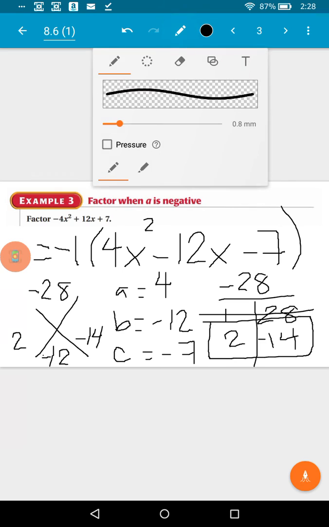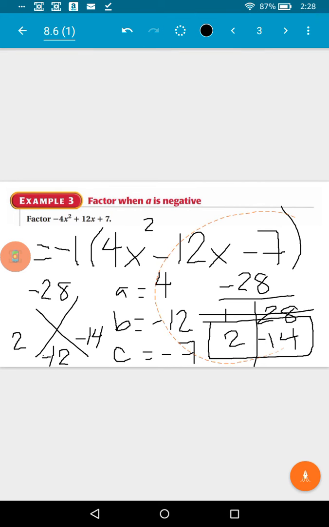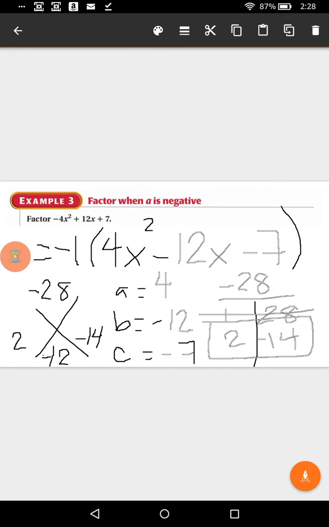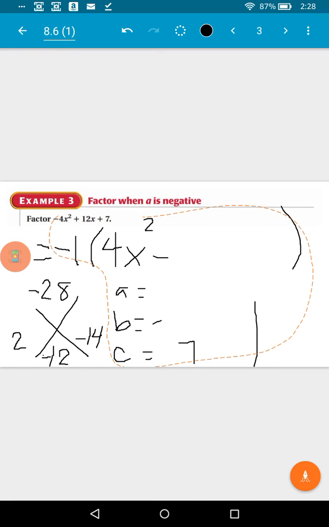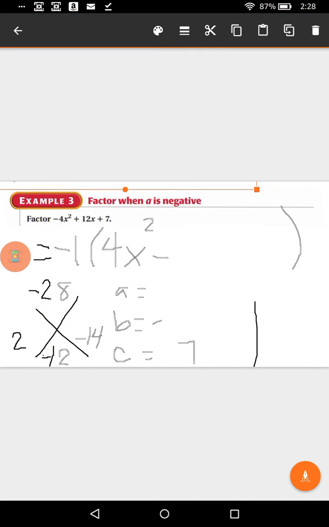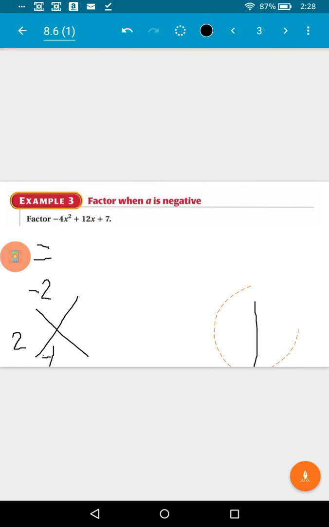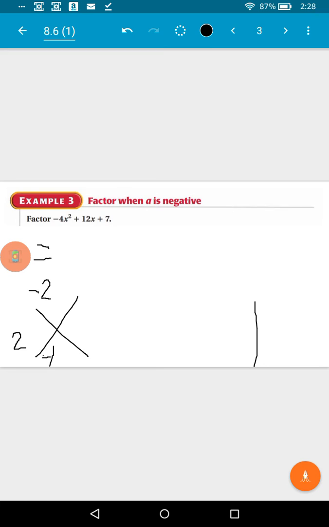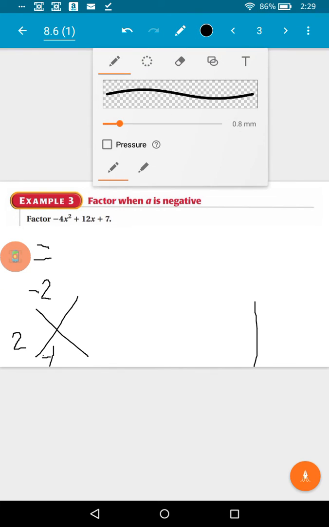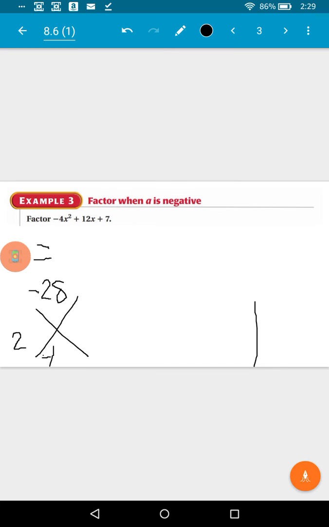Let me get all this out of the way so I can have room to work. Okay, let's get back to writing. Negative 12 was here, 2 was here, and I had negative 14.